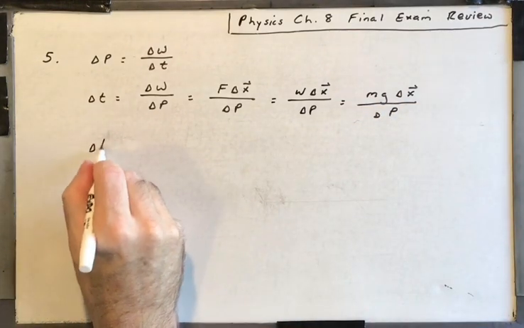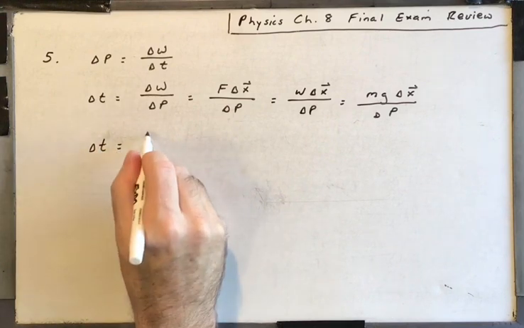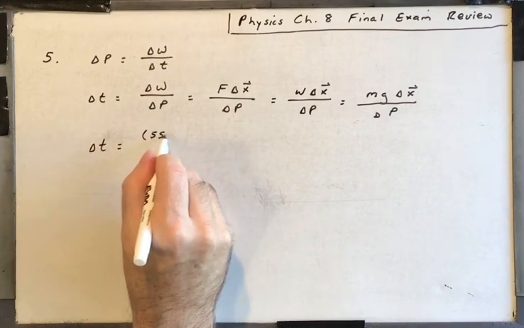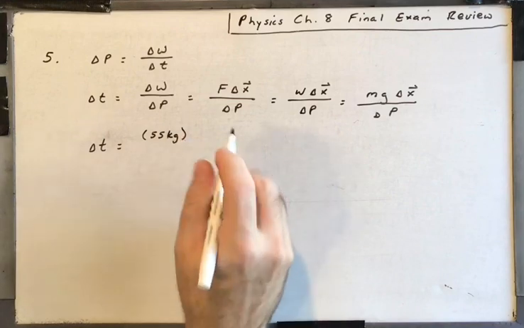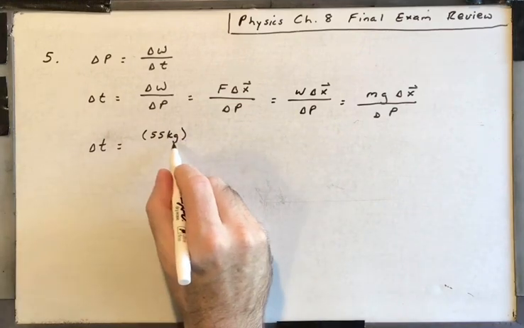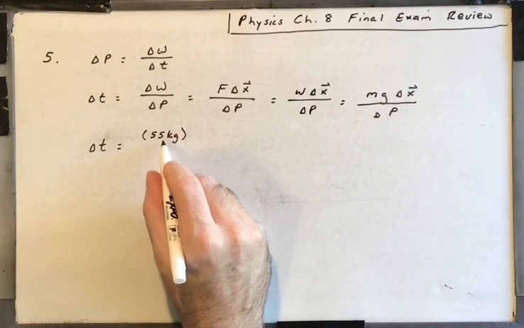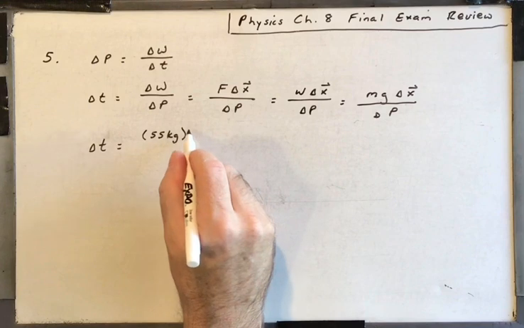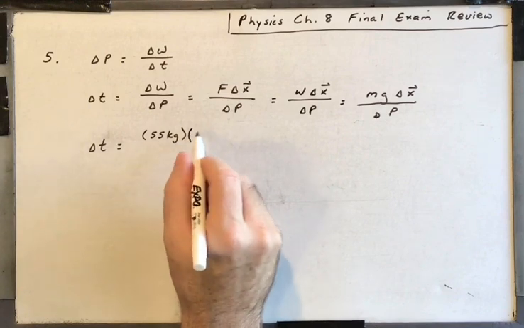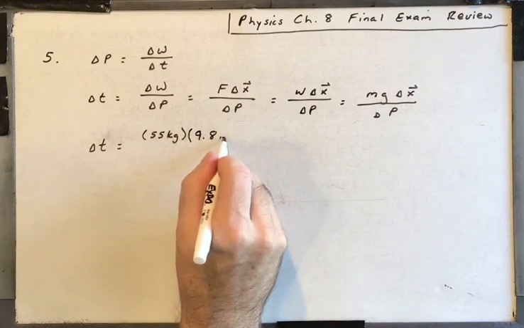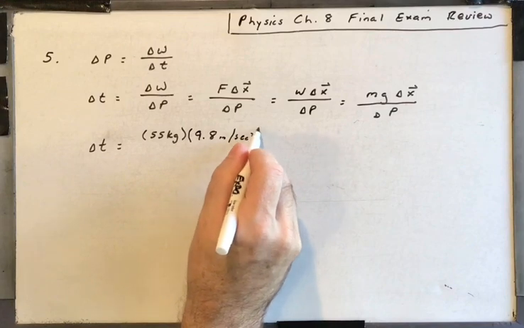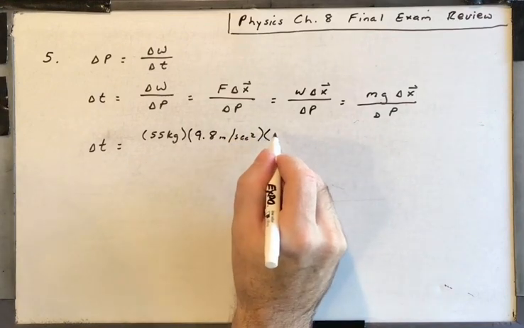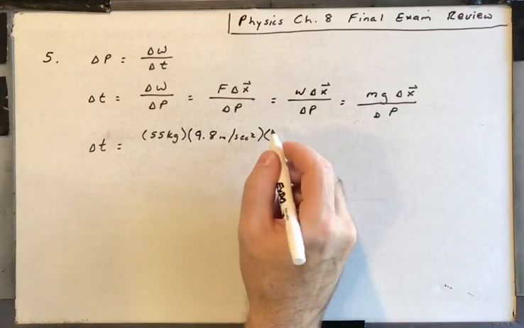So the mass was 55 kilograms. A kilogram is 2.2 pounds, so that'd be about 120, maybe 130 to 135 pounds. That's not unreasonable. Gravity 9.8. The distance to the dumpster is 2 meters.